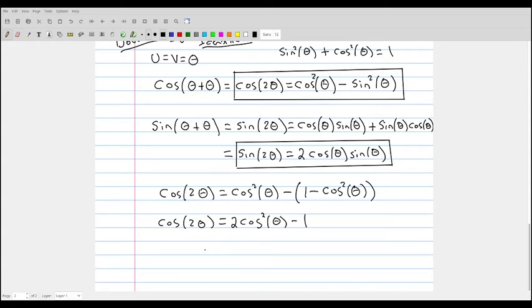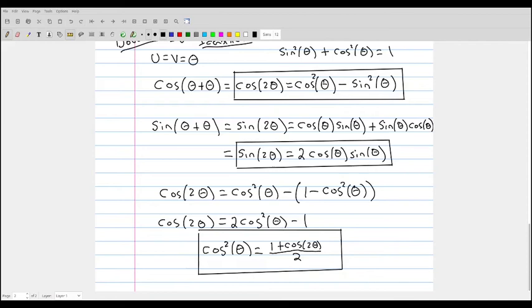Or if you solve for cosine squared, cosine squared of theta is the same thing as 1 plus cosine of 2 theta, over 2. And this is the first of what are called the angle, or the power reducing identities.